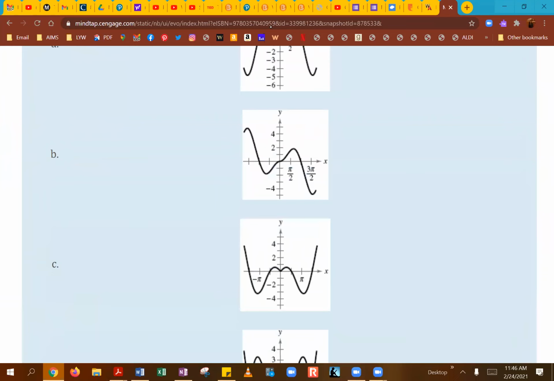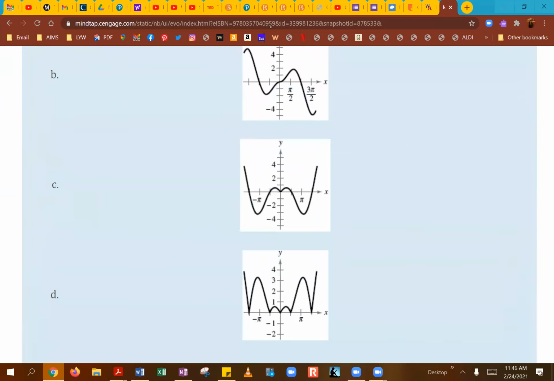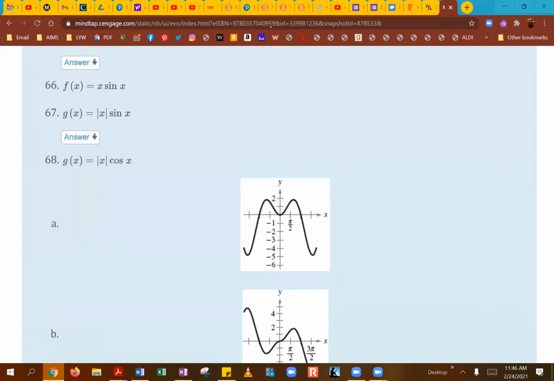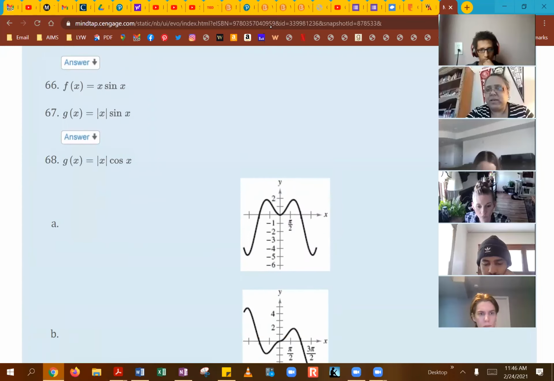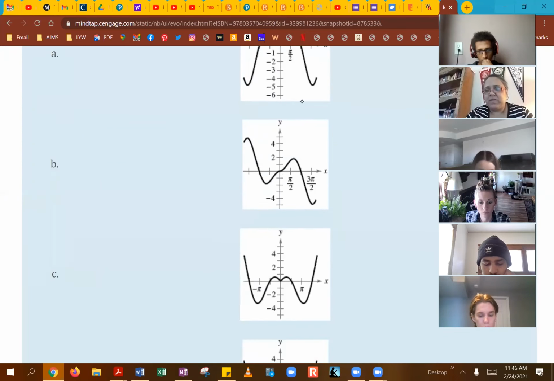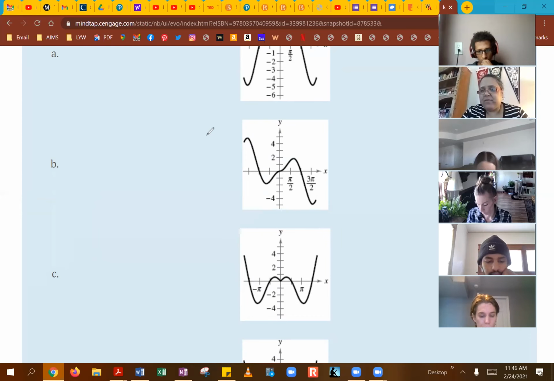So if you had to choose one of these graphs, which one do you think would satisfy what the x times sine of x function would look like? A, B, C, or D? Because imagine what that line y equals x would look like and how that would restrict your graph for the sine function.